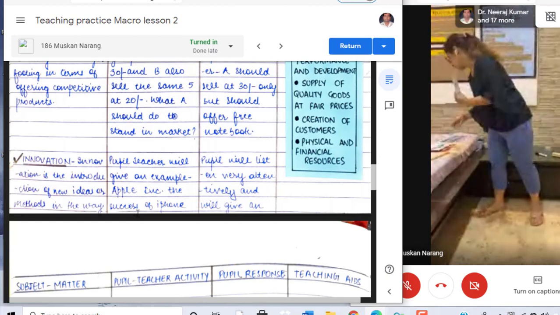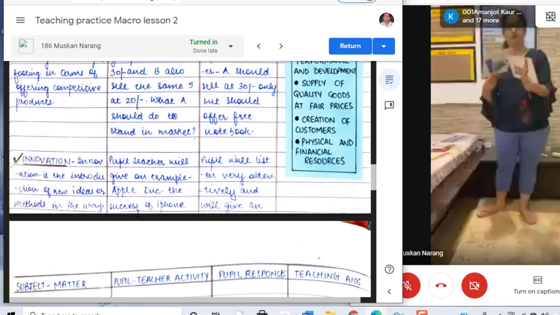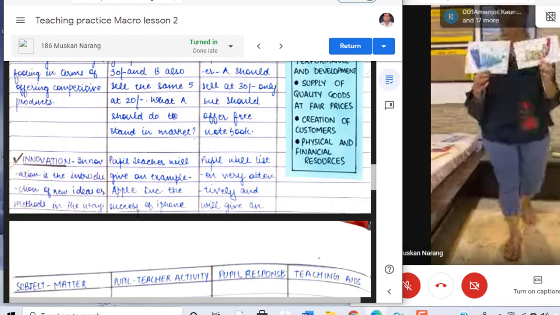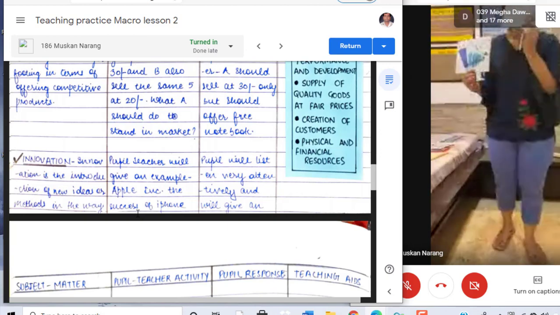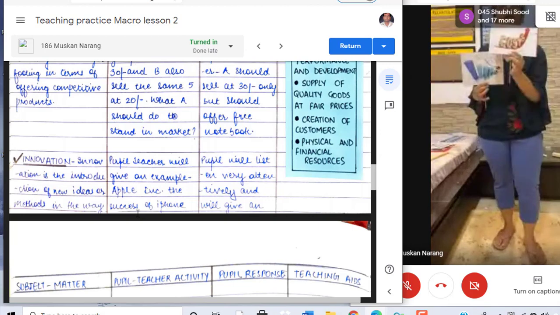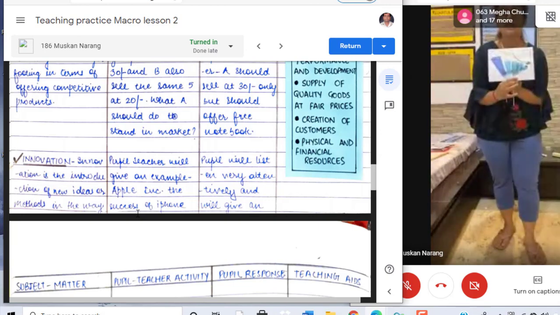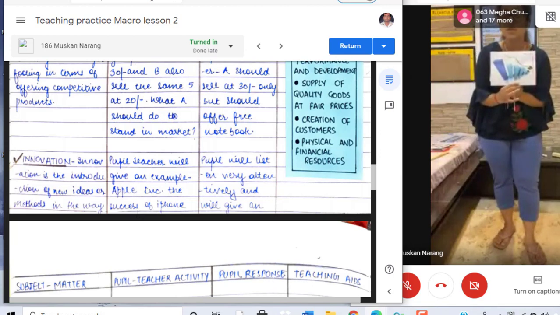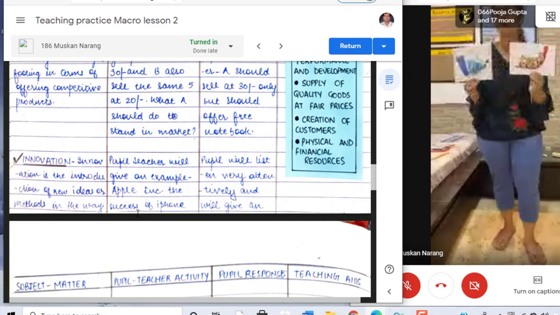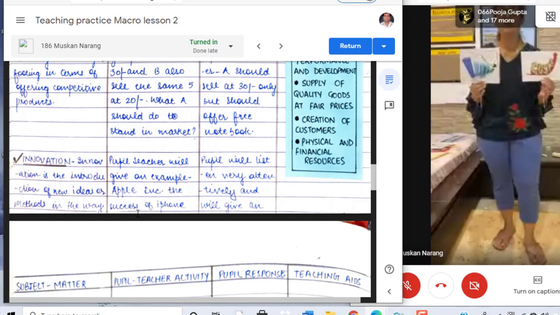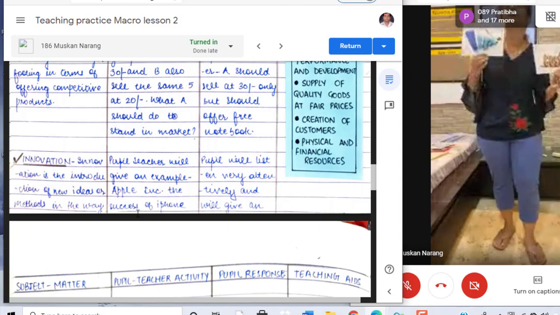Students, look at these two pictures carefully. Number one picture is cost getting higher day by day. Second picture, the revenue getting lower day by day. Now students, tell me, what will be the consequences for the company?